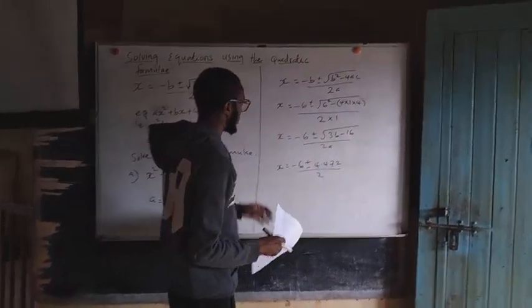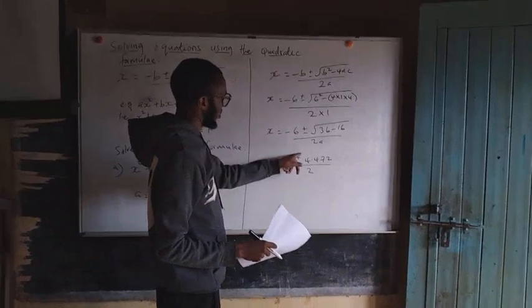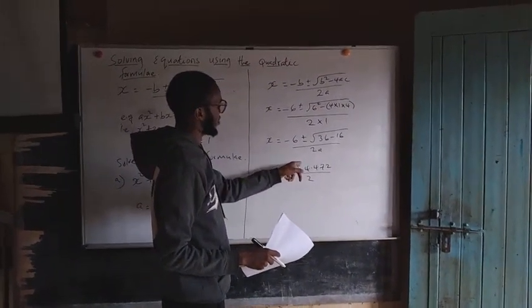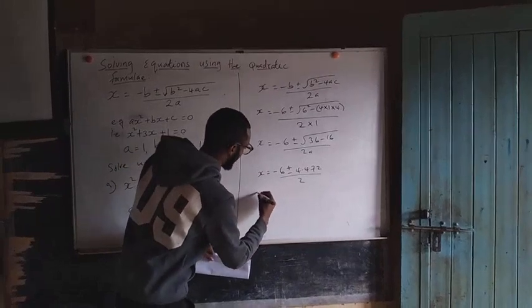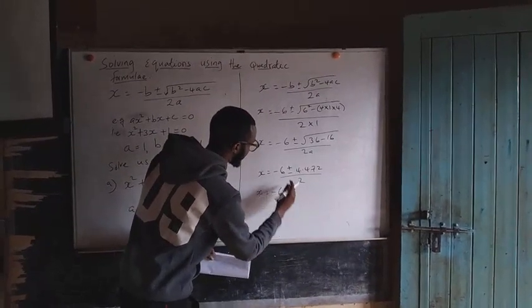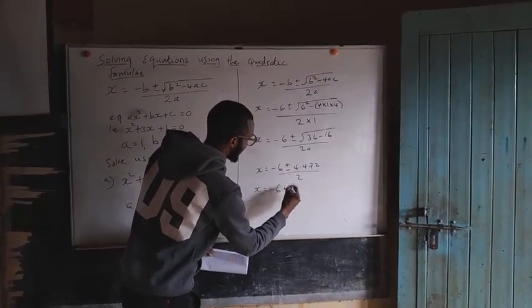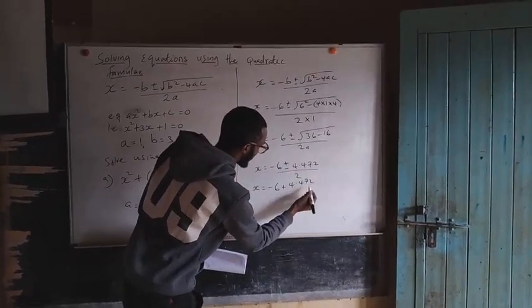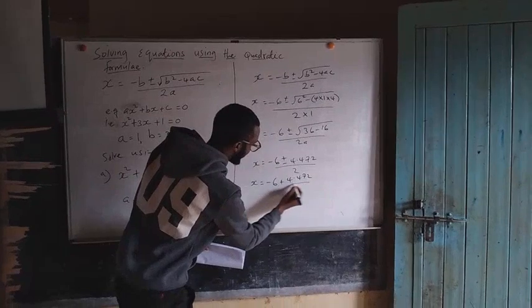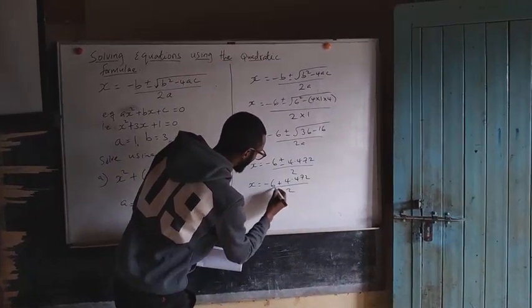Now remember, the values of x will be 2. We have positive and then we have minus. So we start with the one with positive and then later on we move to the negative. So our x equals minus 6, we take the positive one, plus 4.472, and then we divide this by 2.